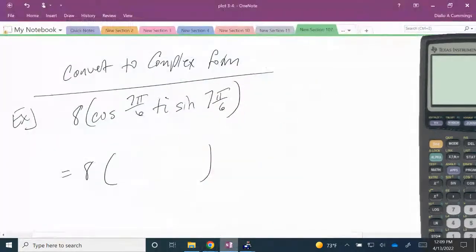So we have the cosine of 7 pi over 6, which is negative square root of 3 over 2, plus the sine of 7 pi over 6, which is negative 1/2.